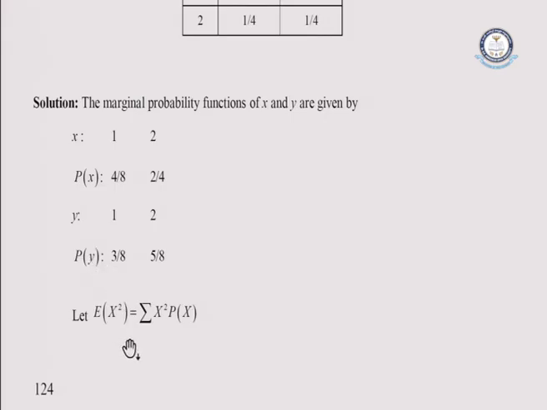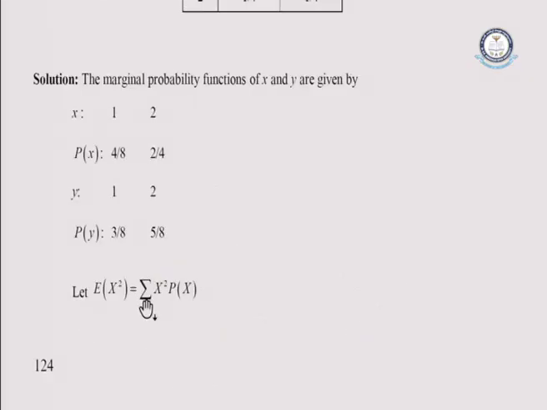So we have to check whether it is satisfied or not: expected value of the product of x and y whole square is less than or equal to the x square term times the y square term. First I am doing expected value of x square. How can we find the expected value of x with the probability function?